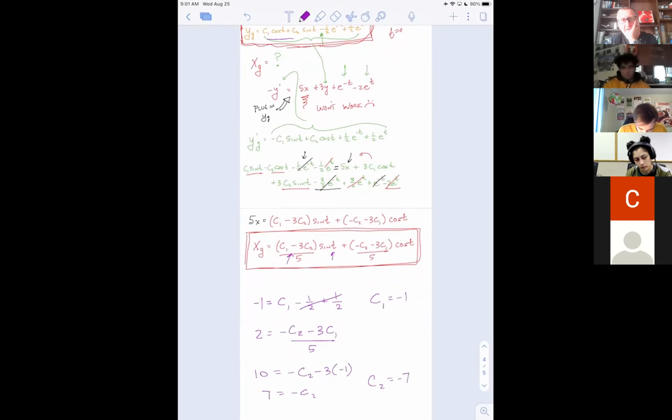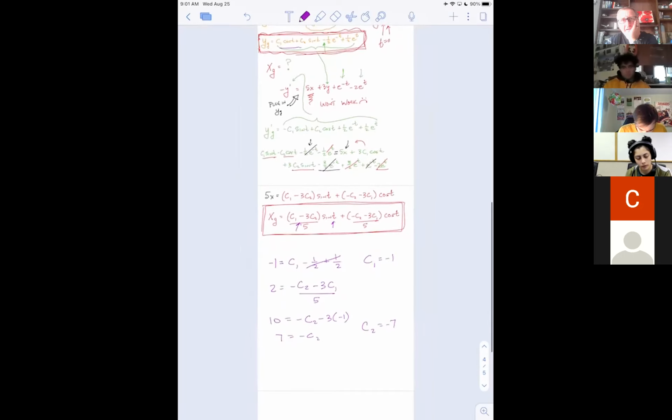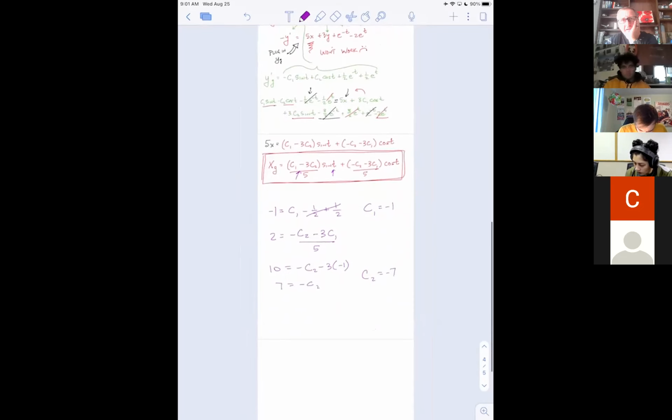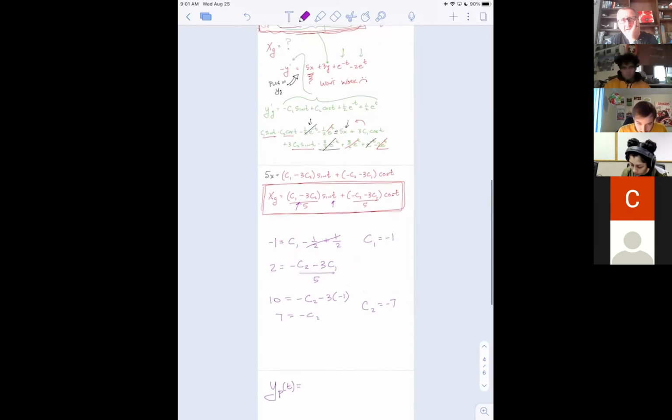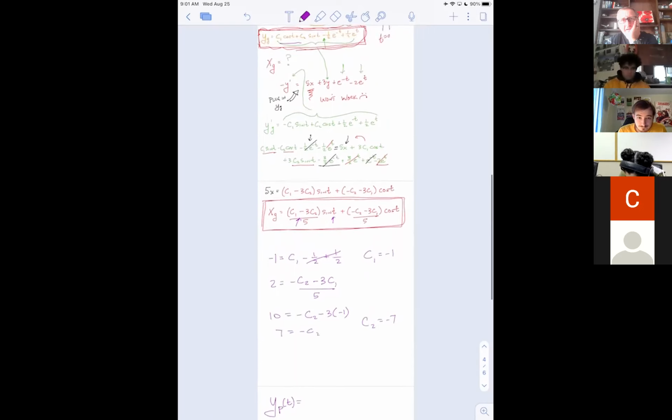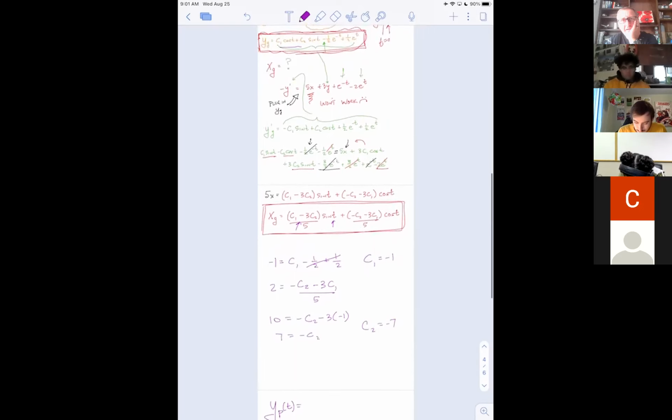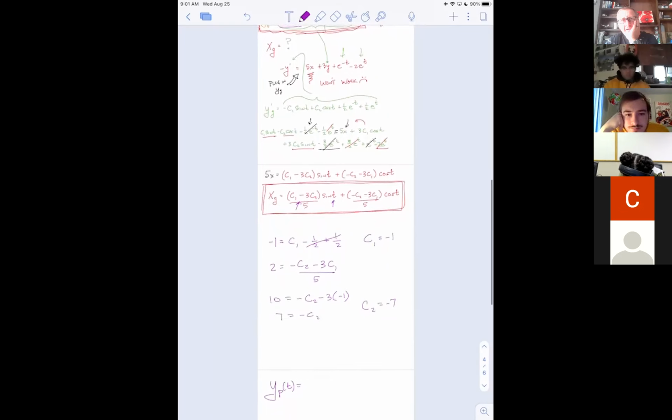So now I can plug all that stuff in and write down y particular and x particular. And then we'll go take a look at the graphs and see if we're living happily ever after. So y particular, and I'm going to throw the t back in there just because I think it's always cool to note that. C1 we said was -1, so that'd be negative cosine of t.